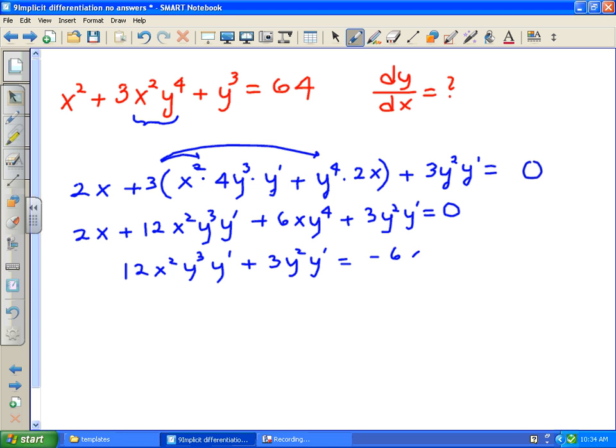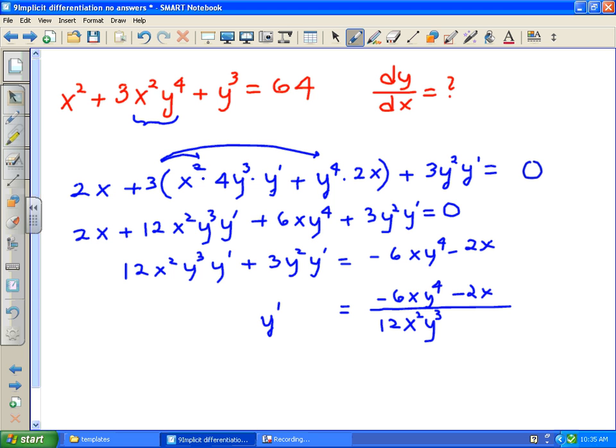So negative 6x y to the 4 and negative 2x. And finally, factor out the y prime and then divide both sides by its coefficient. You know, at this point, I think I'm just going to do this in one step. Y prime will be whatever the right-hand side was, divided by 12x squared y cubed.